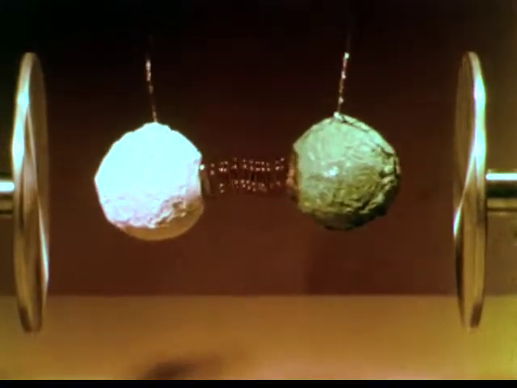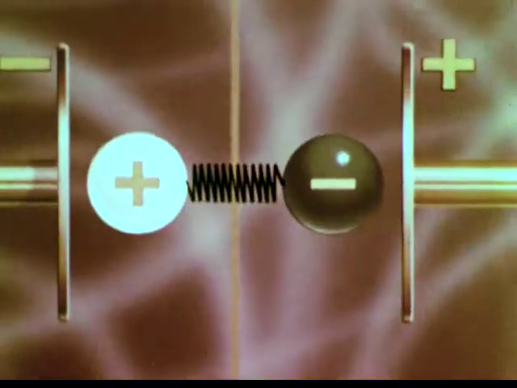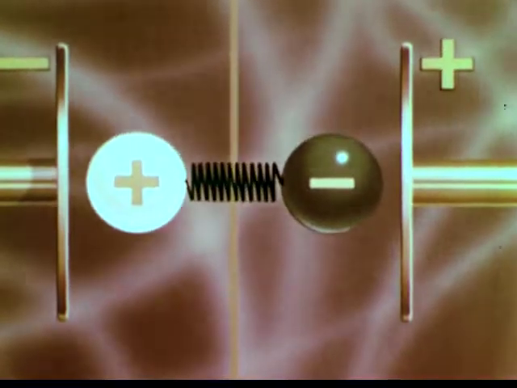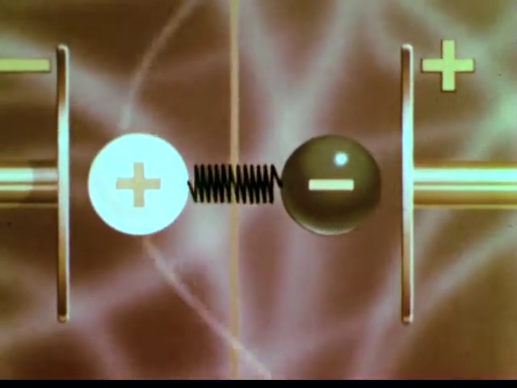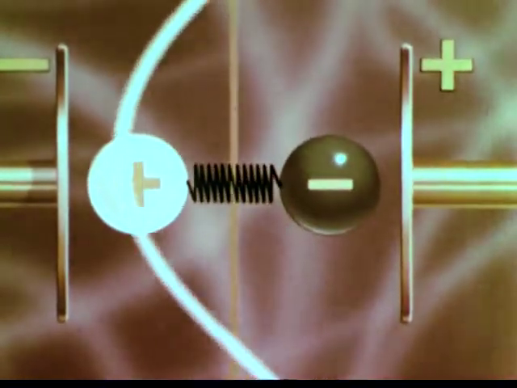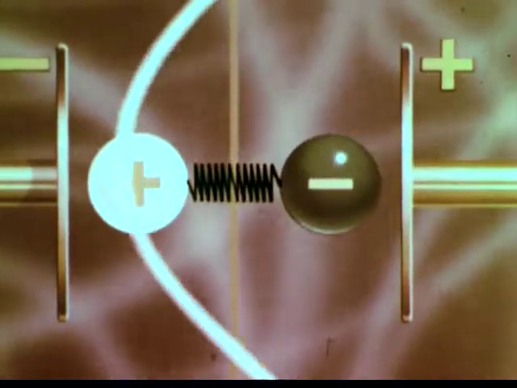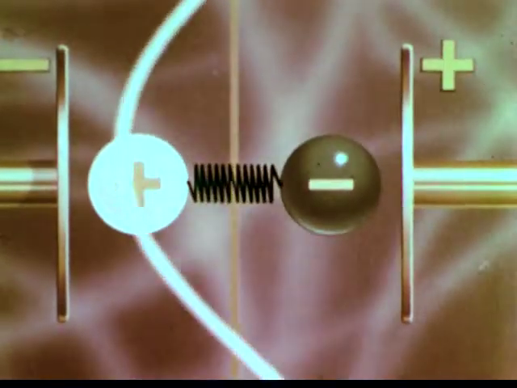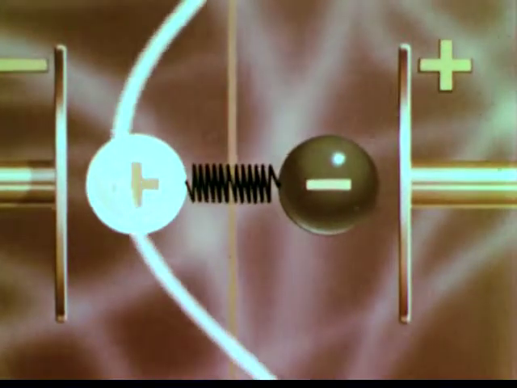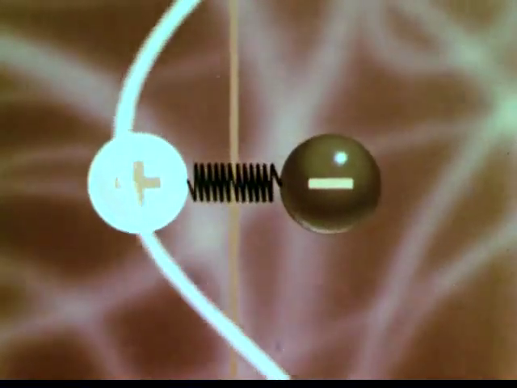We'll slow this down a moment to compare it with a molecule interacting with the oscillating electrical field of a light wave. They will interact strongly when the frequency of the light wave is the same as the natural frequency of the molecule.